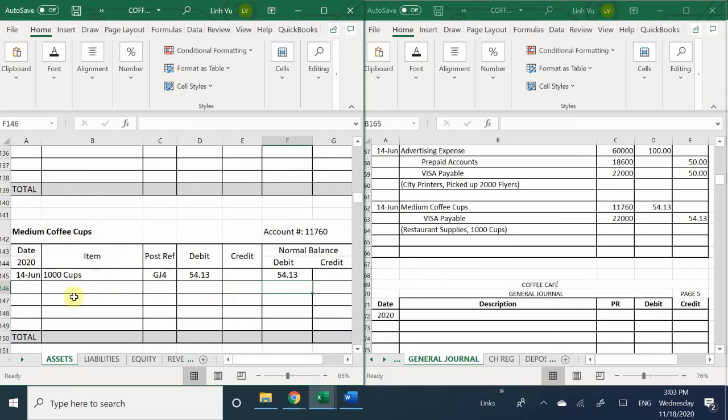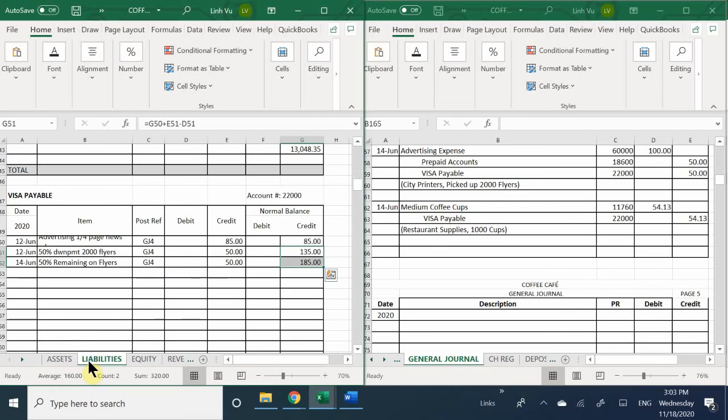Okay. So again, here's my 1,000 cups for $54.13. The last thing I'm going to record here is, of course, placing it into my business credit card. So on the 14th of June, I bought coffee cups for general journal number 4, and I purchased it for $54.13.